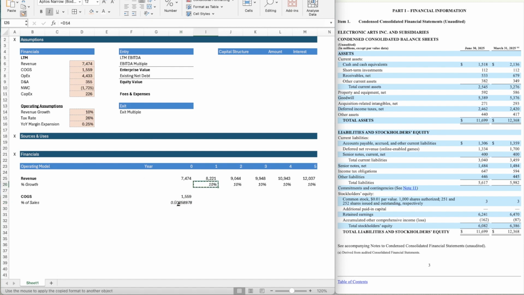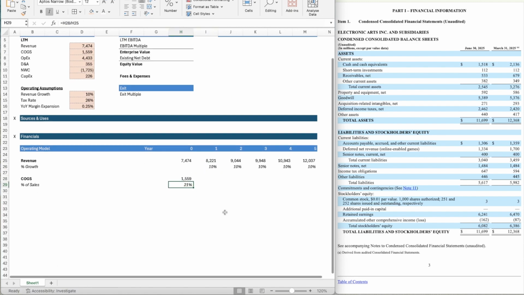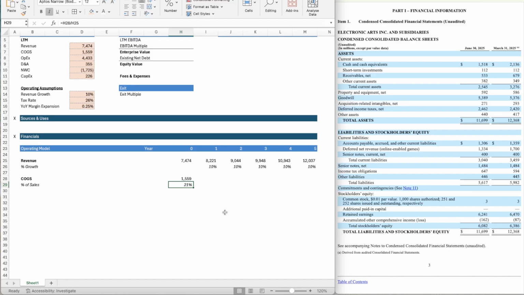The COGS are 21% of sales. Let's leave that as it is going forward, that we don't expect to see any expansion there. Just pull it along.